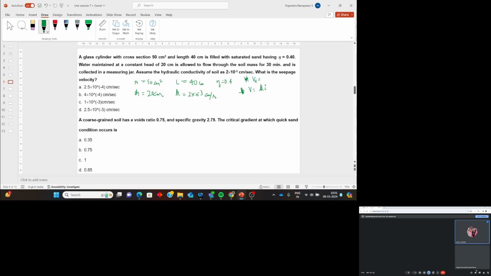V by N, N porosity, right? Now we need to calculate this, for which we already have porosity, and we need this one. Now for calculating this, we know that V is equal to Ki. This is Darcy's law.